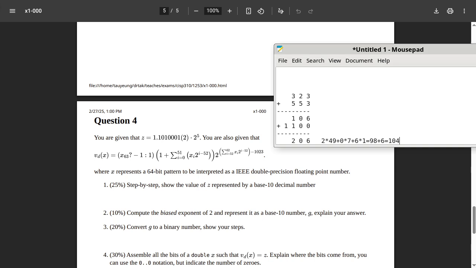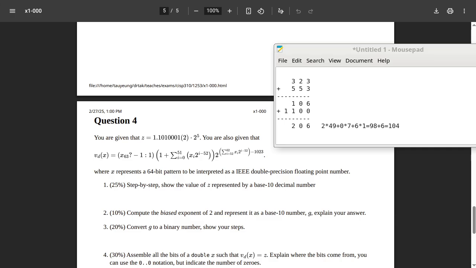Now for part 1, which is step by step, show the value of z represented by a base 10 decimal number. So where is z? Z is right here. I want it to be a base 10 decimal number. Personally, I don't want to deal with really small powers of 2 or negative powers of 2.